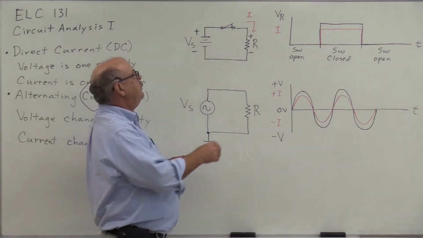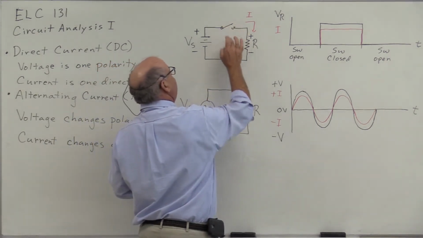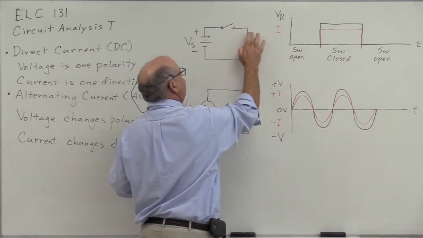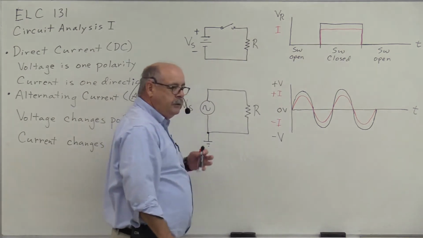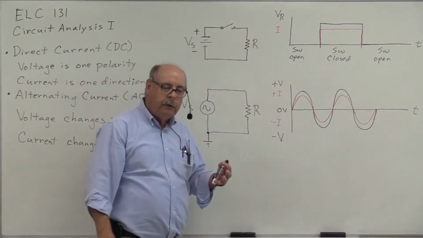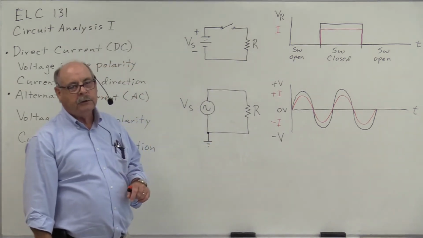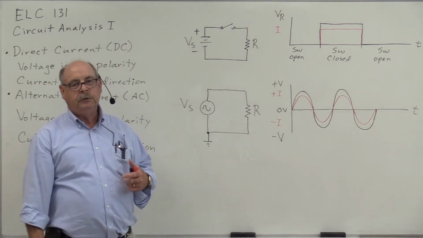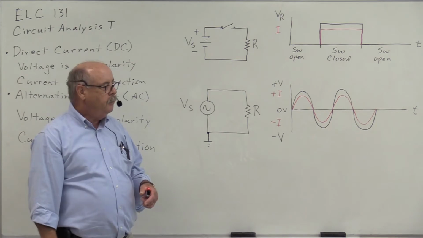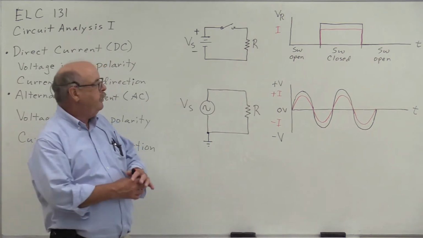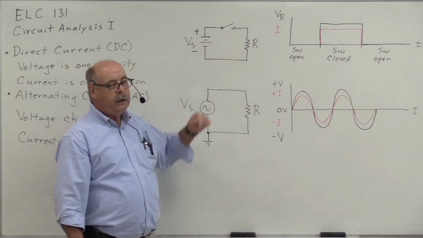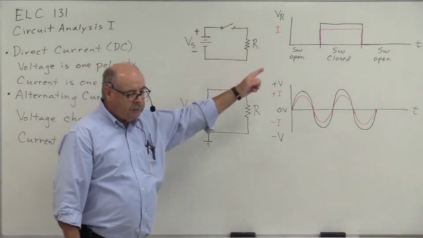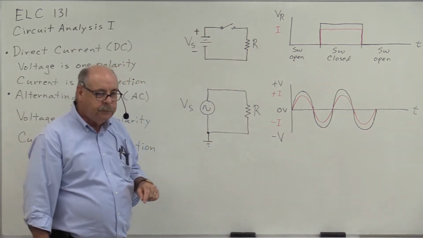Now, if the switch is opened back up, there's no current, there's no voltage. So in this DC circuit, we can have current, and we can have cases where there's no current. But when current flows, when voltage is dropped, the voltage has only one polarity, positive to negative, and the current has only one direction, that's down through the resistor.